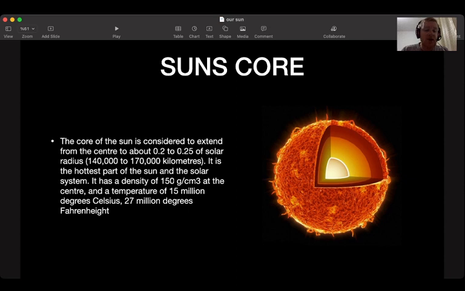It is the hottest part of the sun and the solar system. It has a density of 150 grams per cubic centimeter at the center and a temperature of 15 million degrees Celsius. That's about 27 million degrees Fahrenheit.